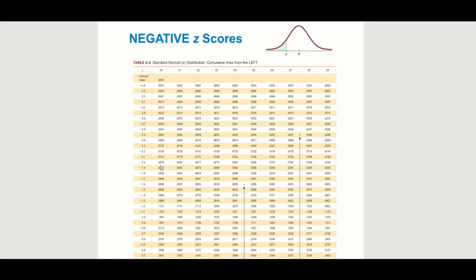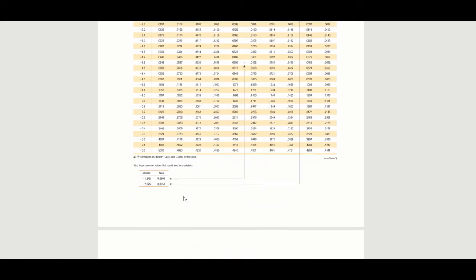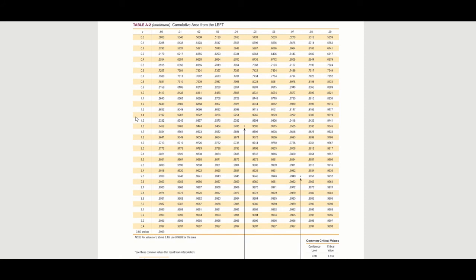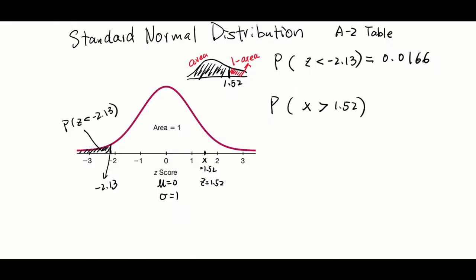So going to the chart, looking for the z-score of 1.52. Okay, here we find it. The area to the left of the z-score 1.52 is 0.9357. This means this orange part, this area, is 0.9357.